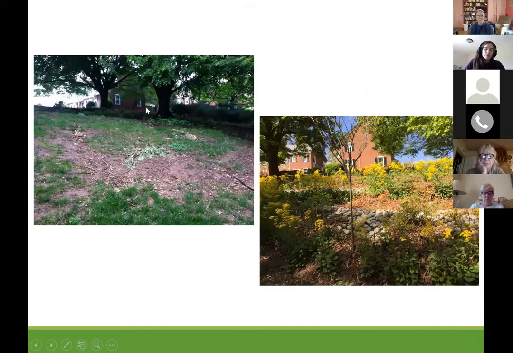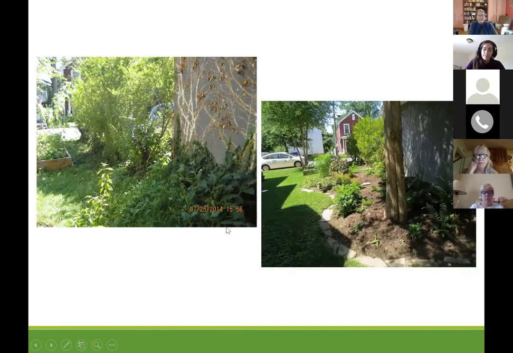Another example of this hill slope, and this looks like a whole bunch of golden groundsel that was planted in here. This area looks a little bit more like a foundation planting. Maybe there's some issues with invasive English ivy growing up here, and so it looks like native ferns and other things were included in this landscape bed.